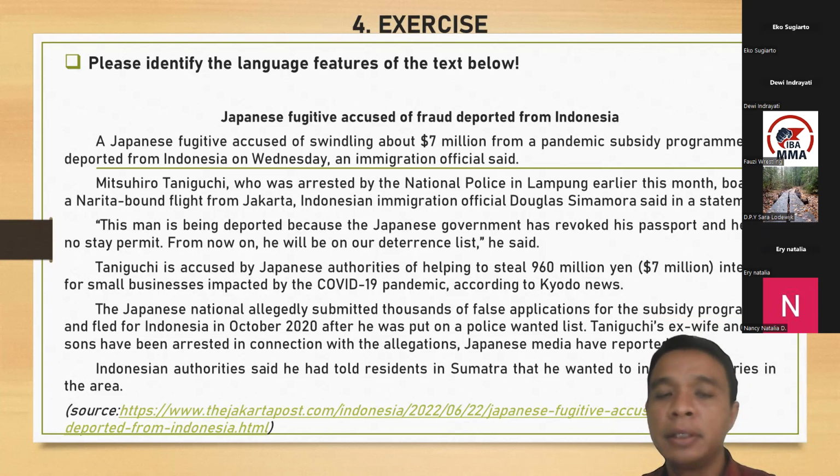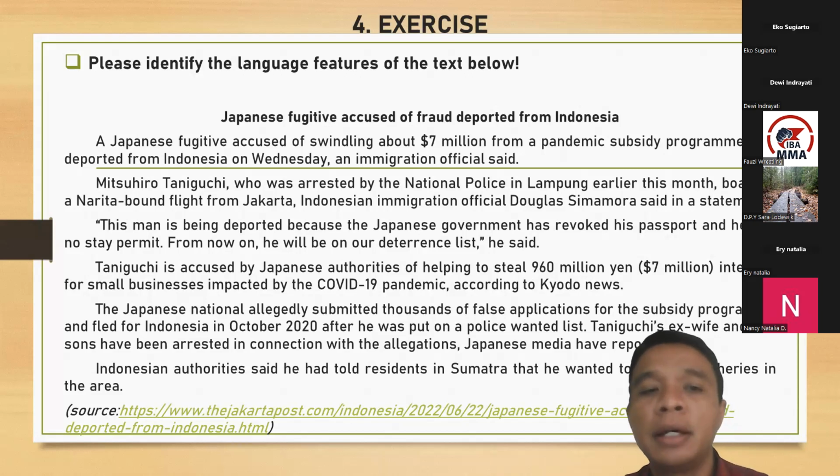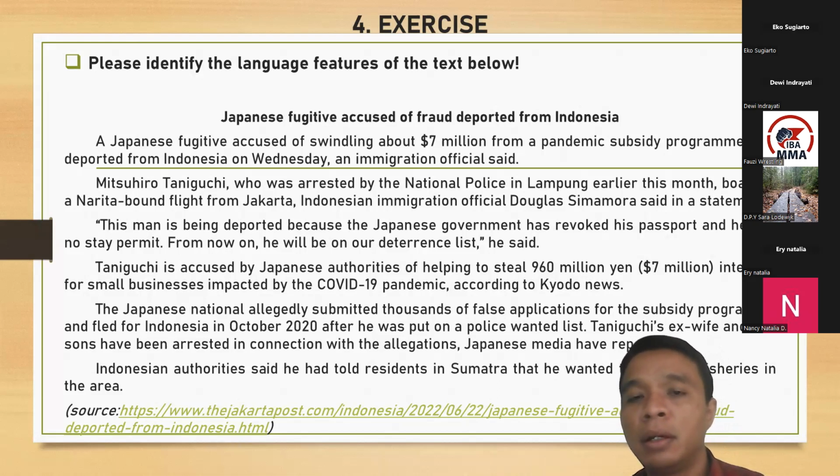So once again, I'd like to inform you that the other language features of the news item text will become your homework. So please submit the assignment next week before we start our final test.